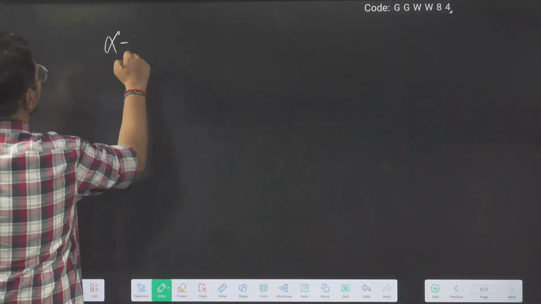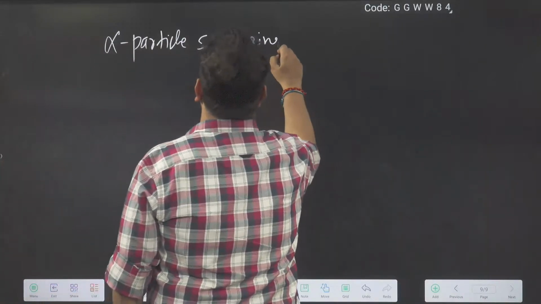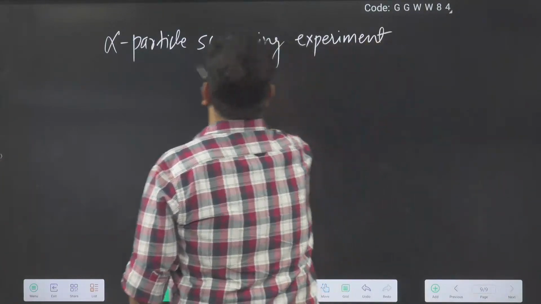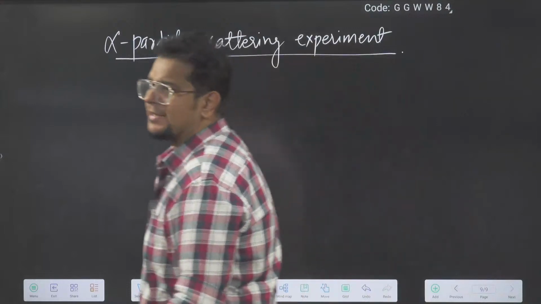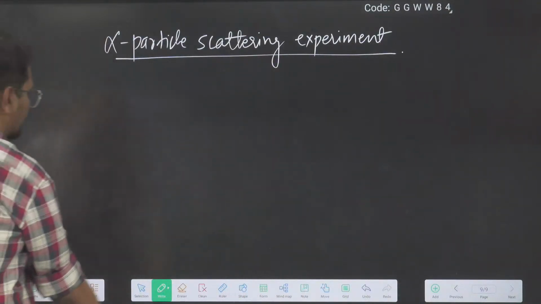Then came the alpha particle scattering experiment. So what was done?